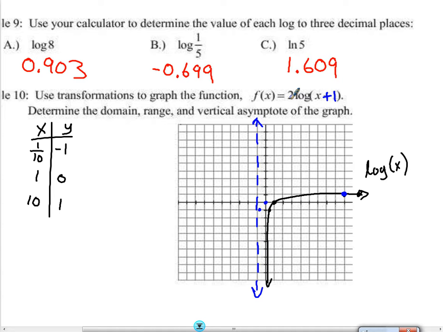The origin, or that value at 0, what's 0 times 2? 0, okay. And then what's 1 times 2? So here, 1 is going to pop up to 2.